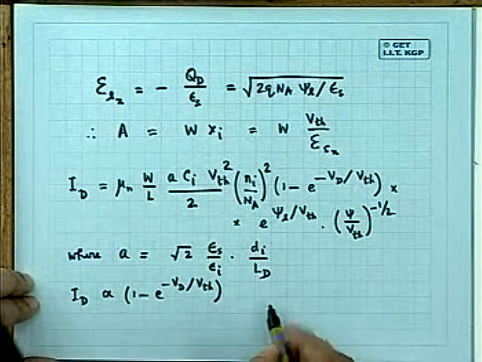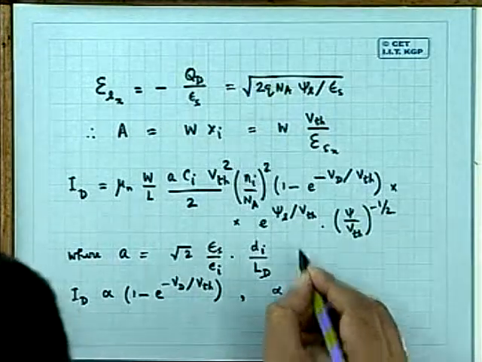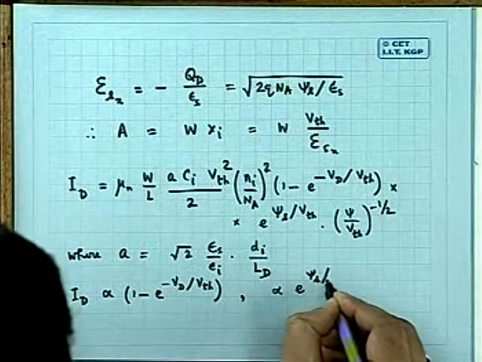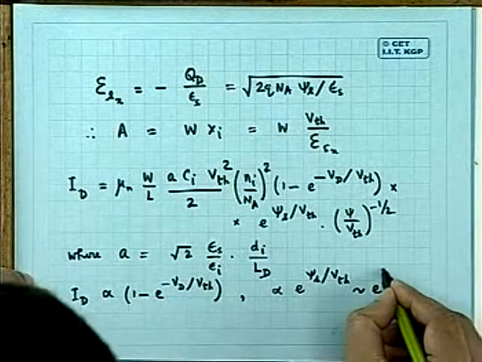Whereas so far as psi s dependence is concerned, that exponential term is more important, and which is equivalent to roughly e to the power Vg dash.